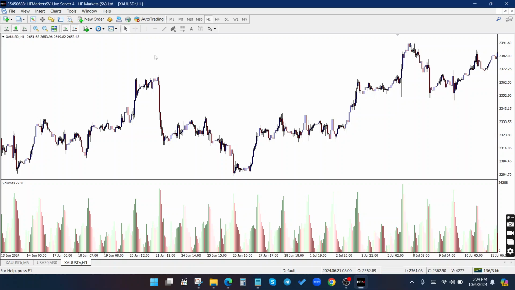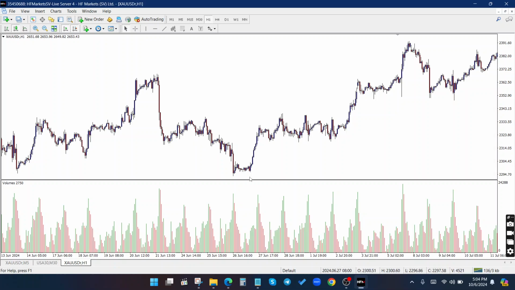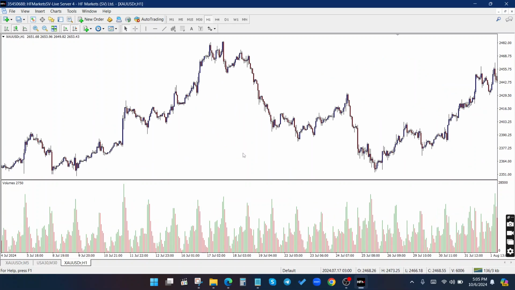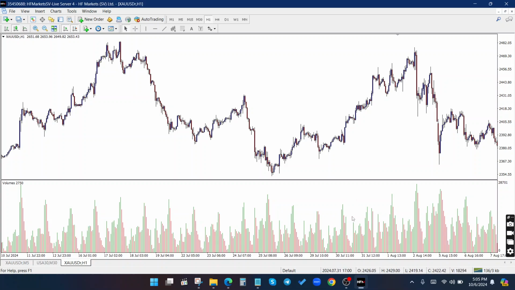You can combine your volume analysis with candlestick patterns. For example, maybe you find a bullish engulfing, and around the part where you saw a bullish engulfing, there was an increase in volume on the indicator window.